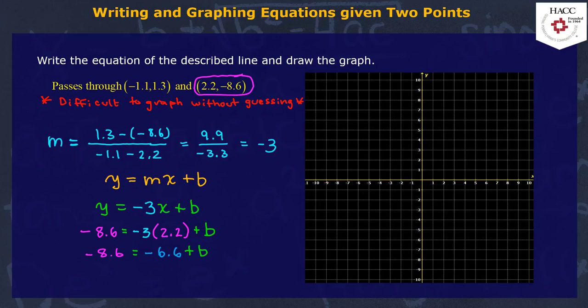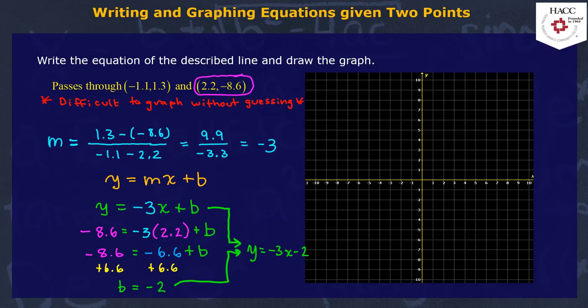So to get b alone, I'm going to add 6.6 to both sides, and that gives me negative 2, which means that I know m is negative 3, I know that b is negative 2, and so with the information I have, the equation of the line is y equals negative 3x minus 2.